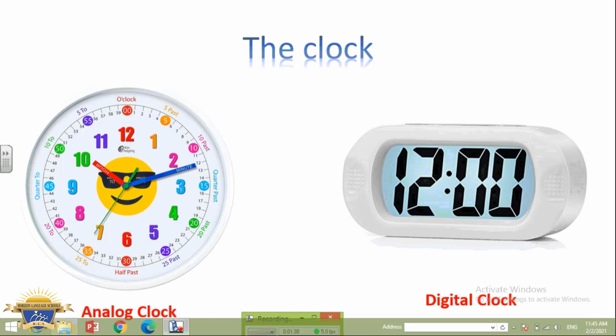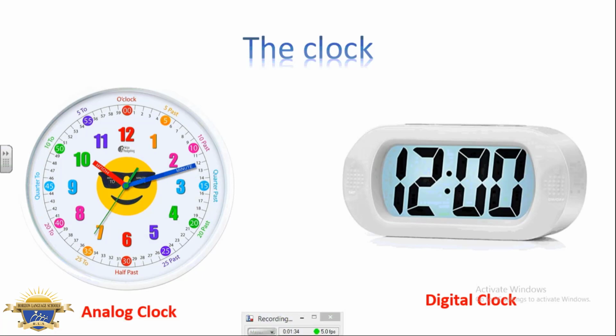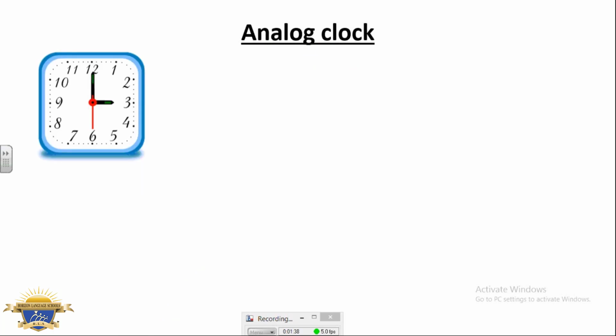Okay, how can we tell the time? We have four cases. The first case, when the short hand on the hours is on number 3, and the tall hand, which is for minutes, is on number 12.